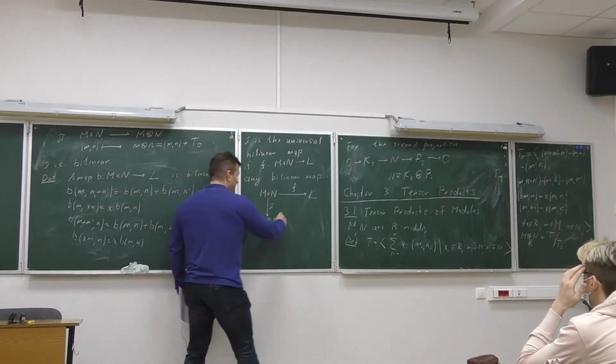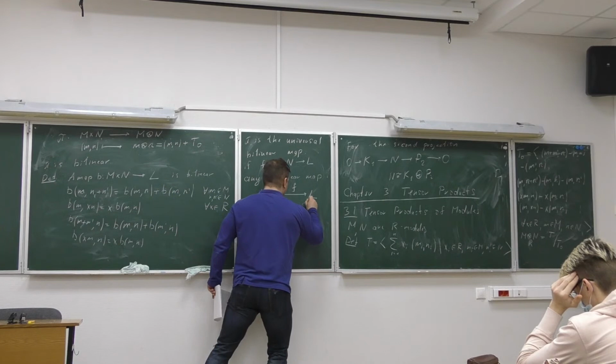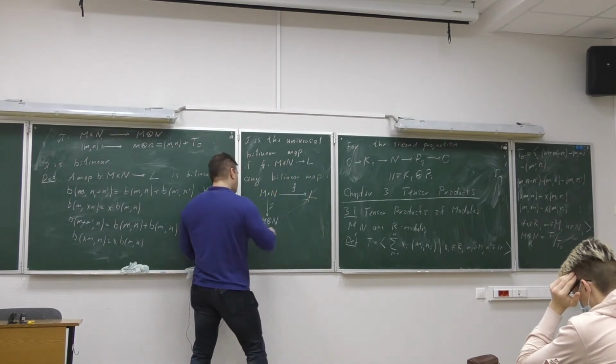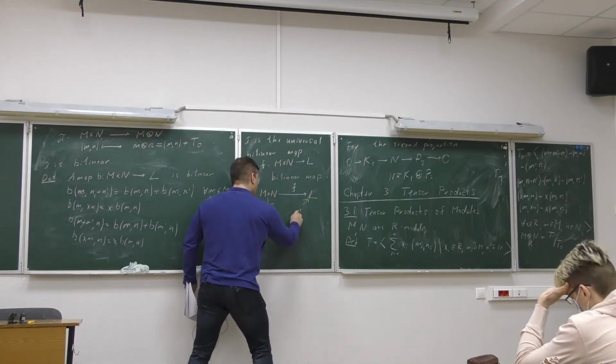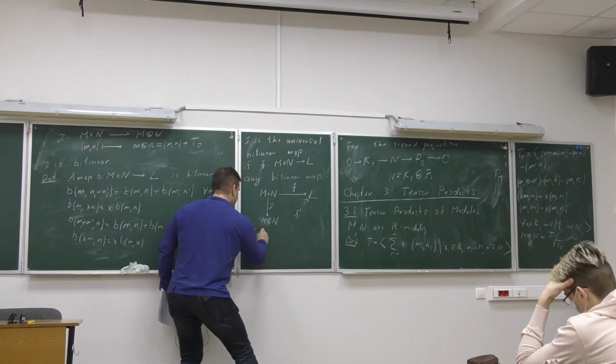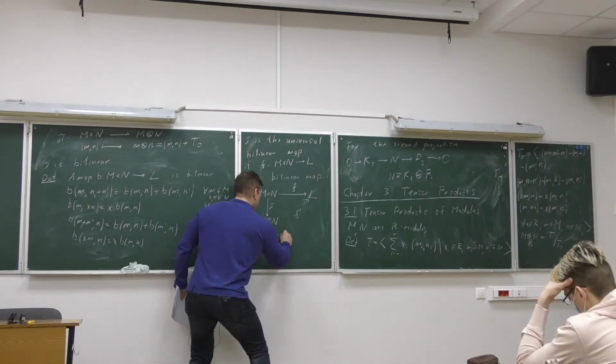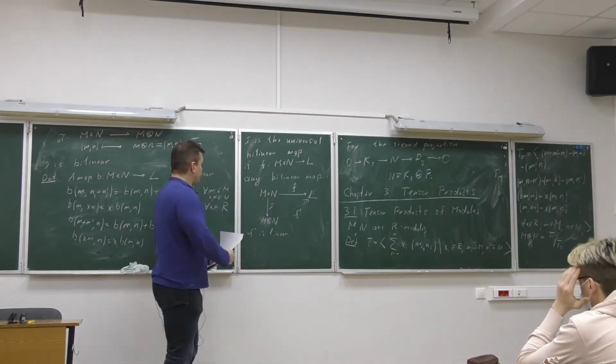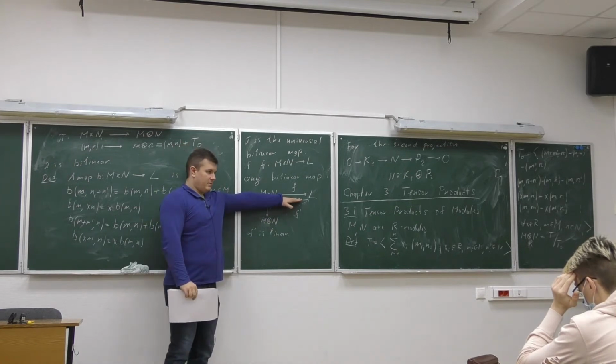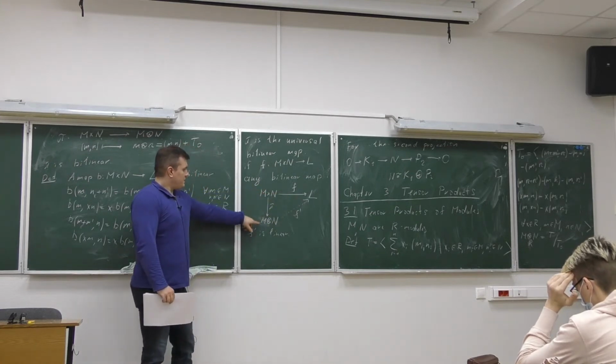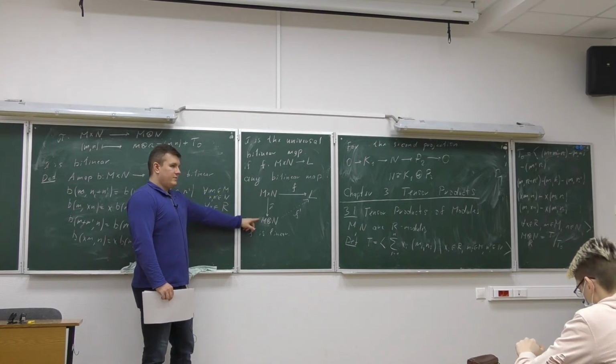And then f prime is linear. So f is a given bilinear map. So pi is a canonical bilinear map that we always have.